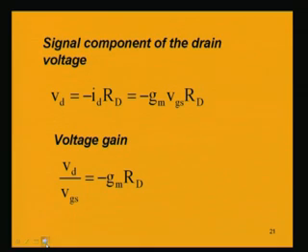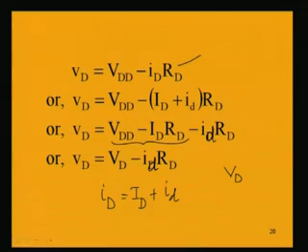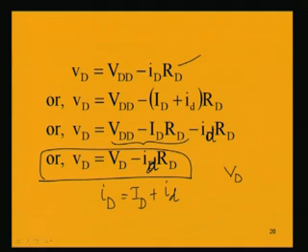Now, if we again look into this equation, this is small i d, this is small v D. If we consider this whole equation, which part will be only the AC part?